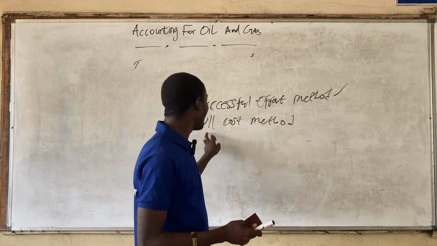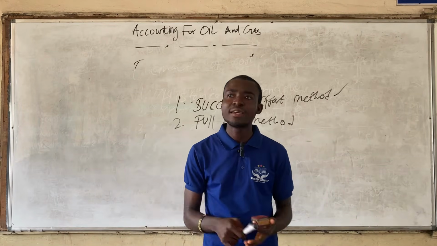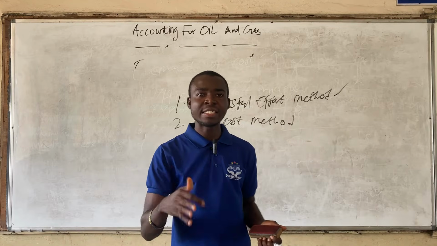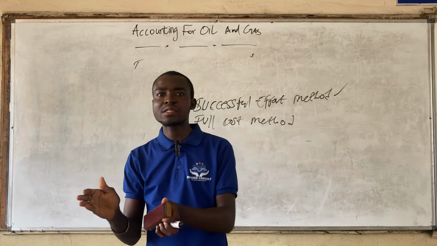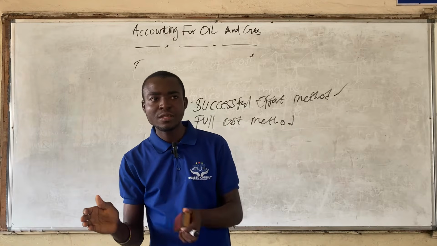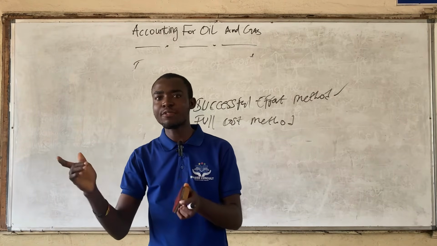And then when it comes to full cost method, once the organization incurs the cost, automatically it forms part of the cost of the asset, whether it leads to successful discovery of reserve or not.